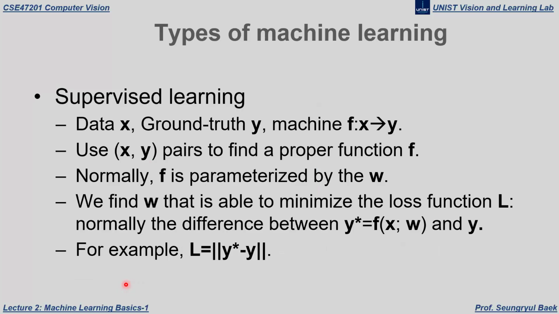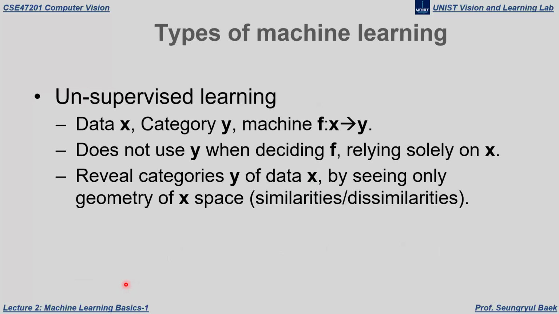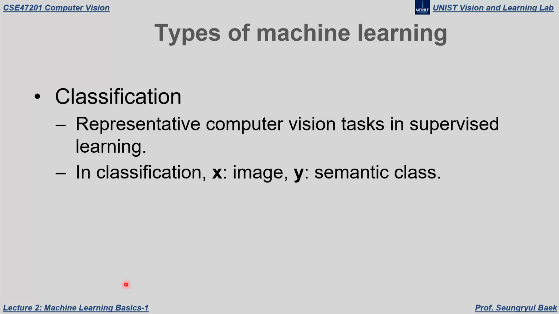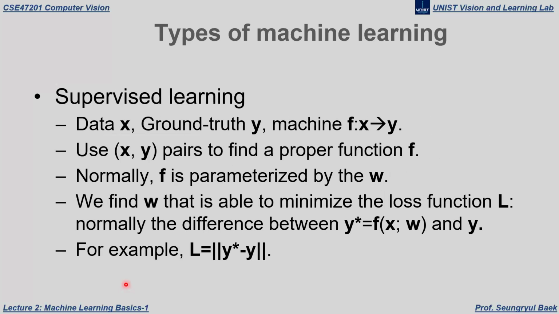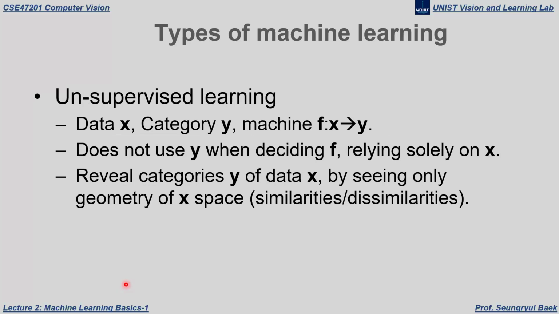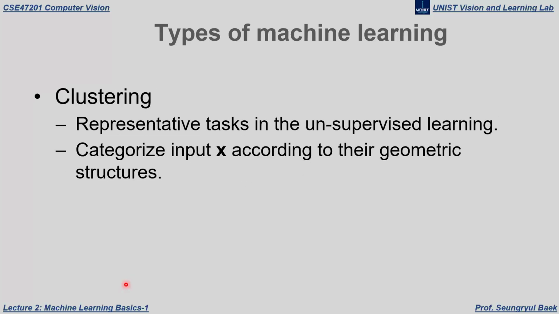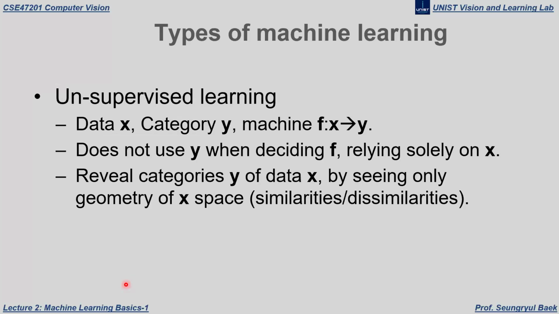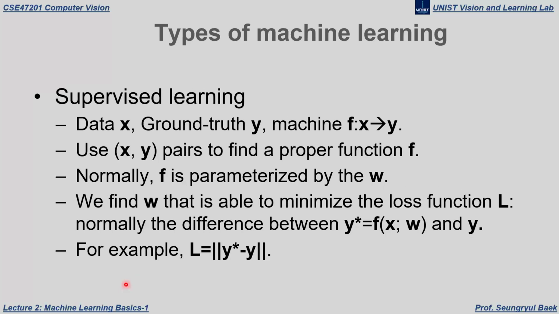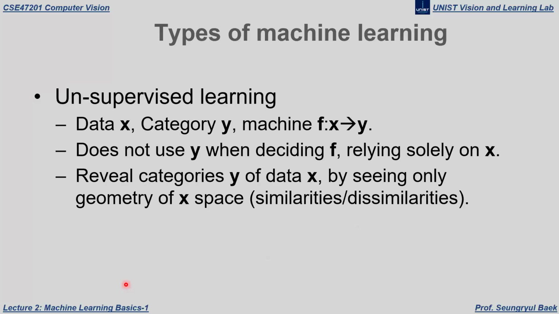Overall, we categorize machine learning algorithms into two types. The first one is supervised learning, and the second is unsupervised learning. So you have to understand what is supervised and what is unsupervised.